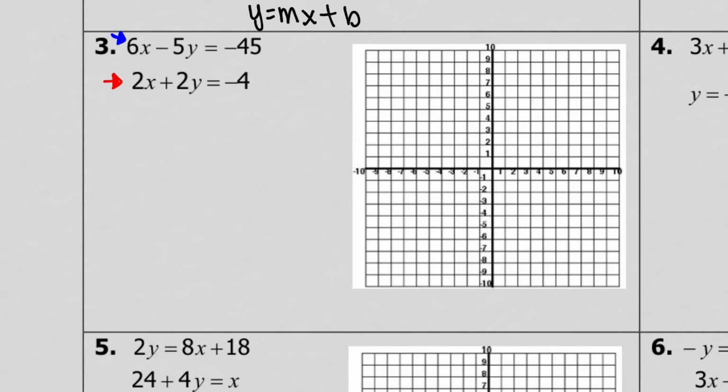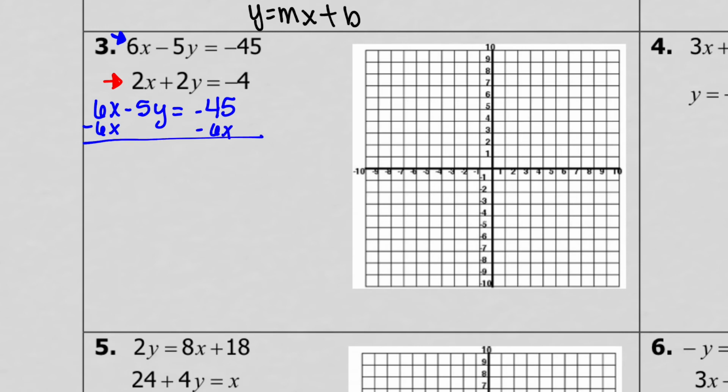How do I get that equation in slope-intercept form? What do I do here to get my y by itself? -6x.